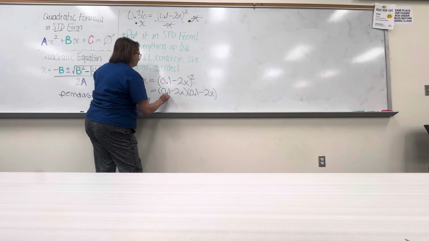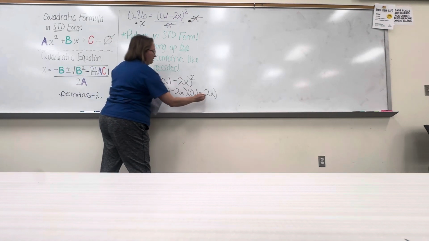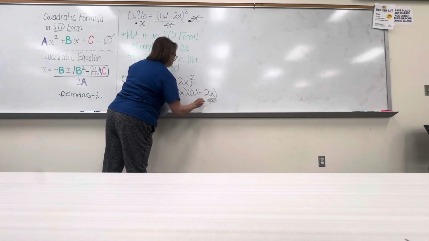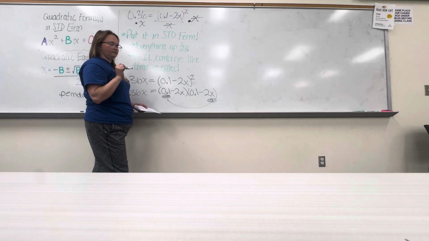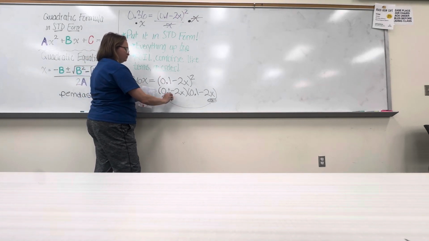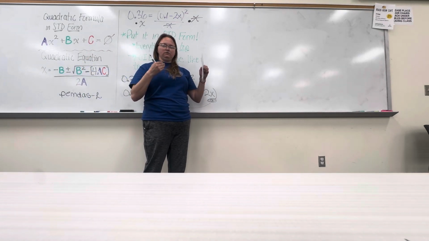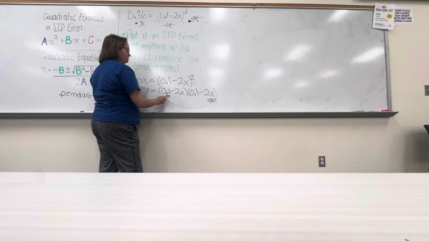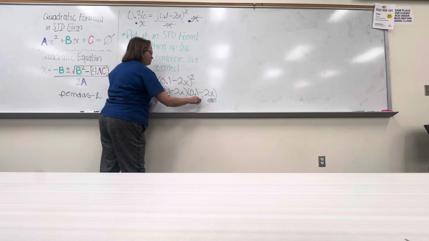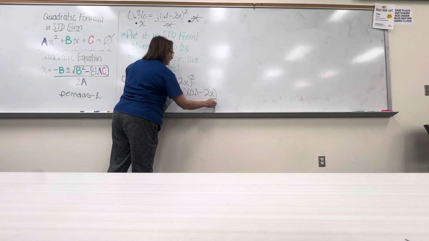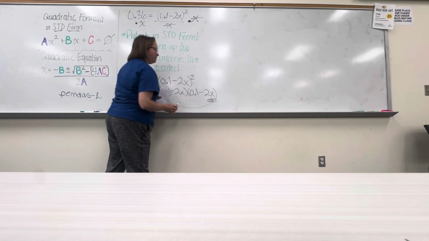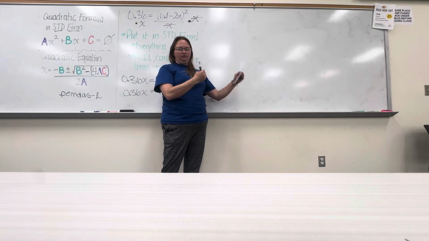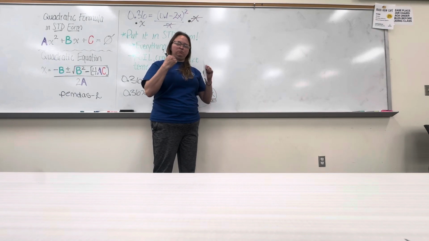So this is on the far side outside, and this is on the far side outside. So you're going to multiply those two terms together. And as you go through this, you're adding the terms together, okay? So, for instance, this is a positive 0.1 times a negative 2x, okay? That's going to give you a negative value. You're adding a negative value, which is the same as subtracting that value.